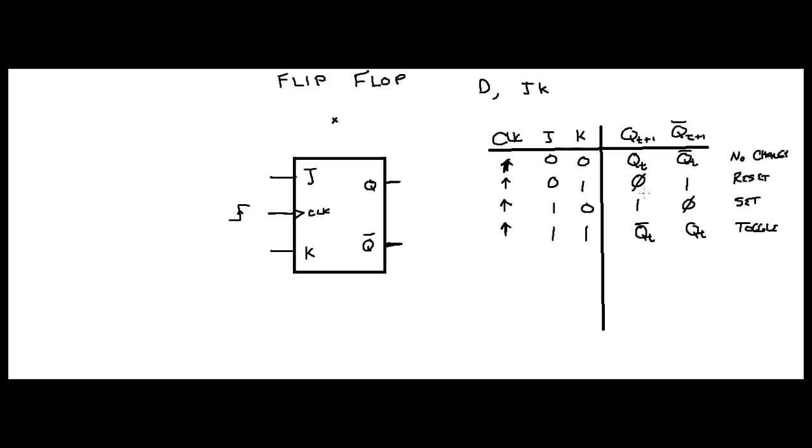So, quite simply, if you were in the set state and then both J and K were high and you clocked it, it would go to the reset state. And then if J and K were still high and you clocked it again, it would go to the set state. It would toggle back and forth. That's why it's called the toggle.